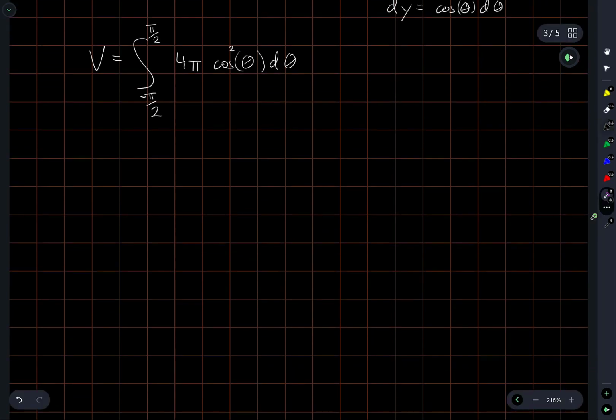And now I'm going to use something which allows me to reduce the power on cosine there. I can never remember these things, but a nice way to figure out the identities is to just write out Euler's formula.